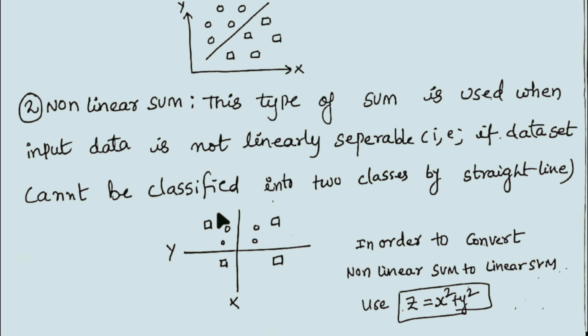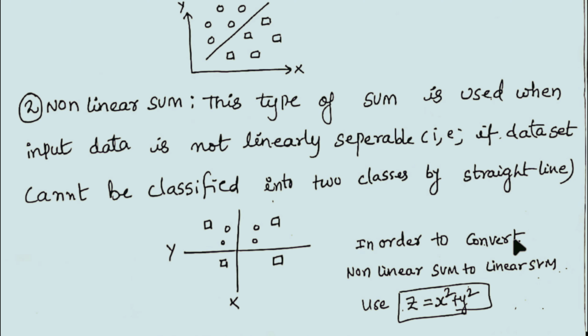So the data is scattered, the data is placed in different locations. So this is called non-linear SVM. This type of SVM is used when the input data is non-linearly separable, that is, if the data set cannot be classified into two classes by a straight line. So there is no straight line between the classes of data.